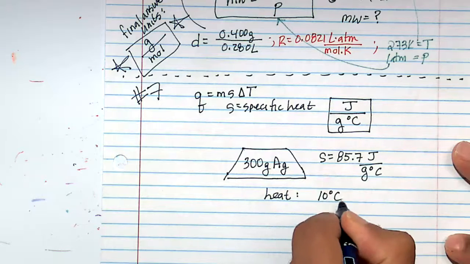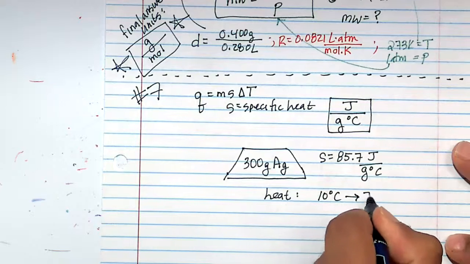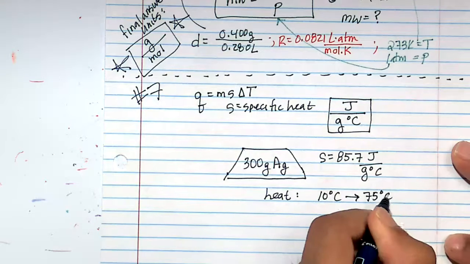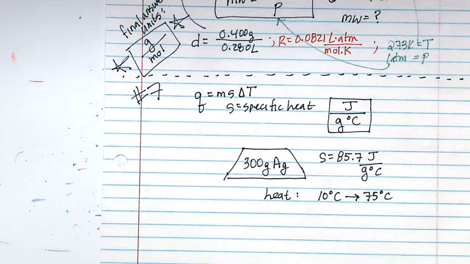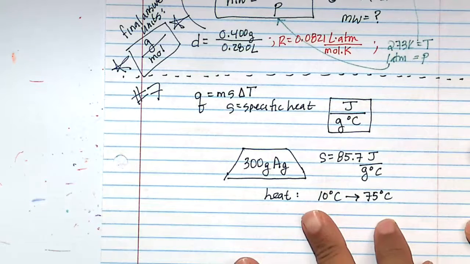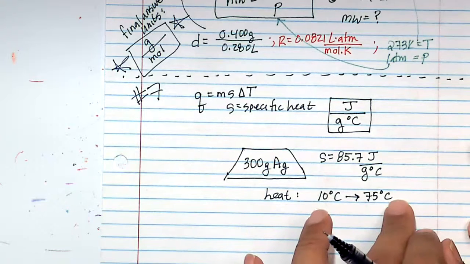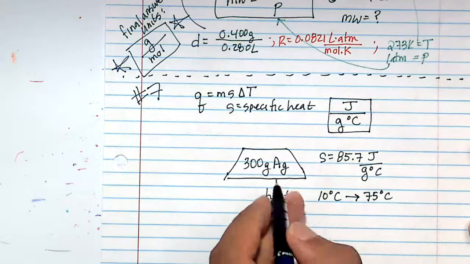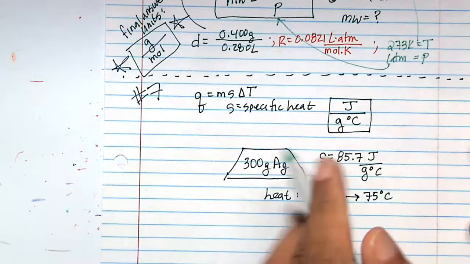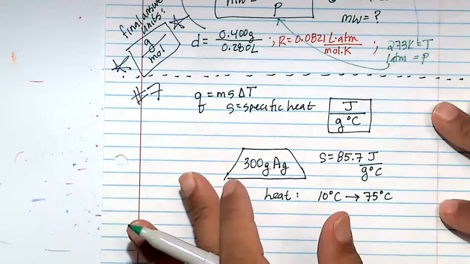It was originally at 10 degrees, and we increase the temperature. We get it to 75 degrees C. How much heat is required to do that? To go from 10 degrees C to 75 degrees C. That's a type of question that you'll get.